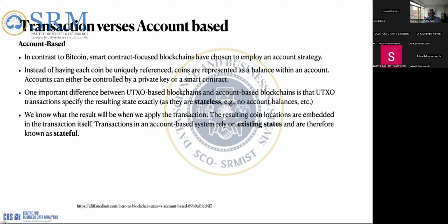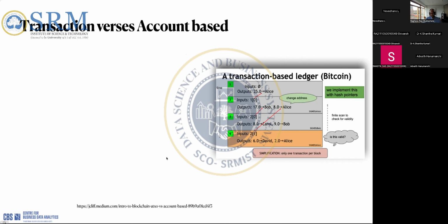One important distinction is that transactions in the transaction-based ledger are stateless. The reason I say stateless is that a transaction has limited information: the source and nothing else. You can take any transaction, and if you want to verify it, you just go to the source and verify. That helps us execute transactions in a very parallel way.